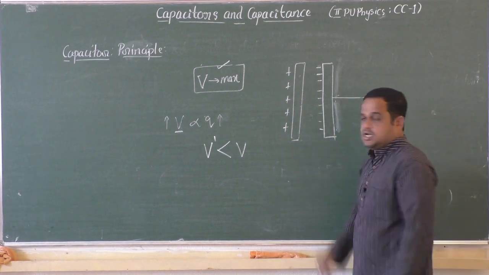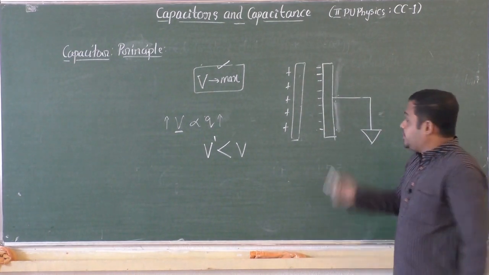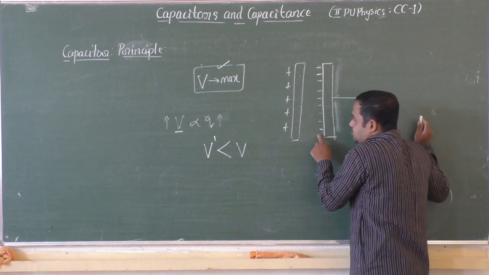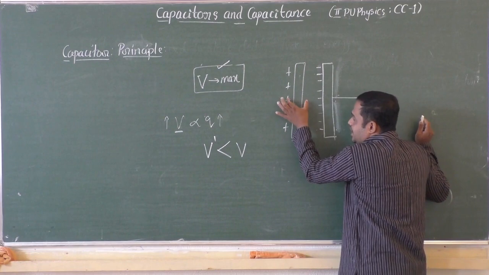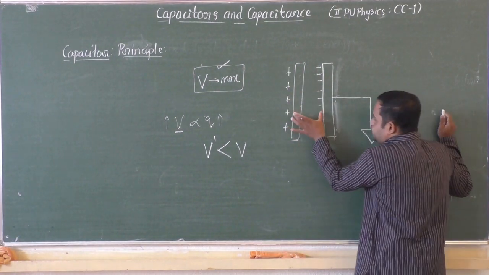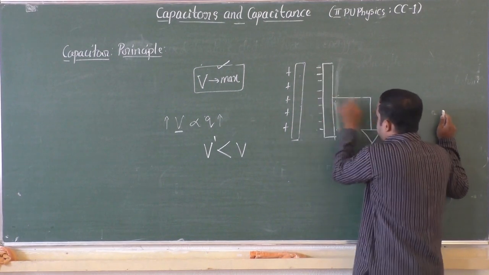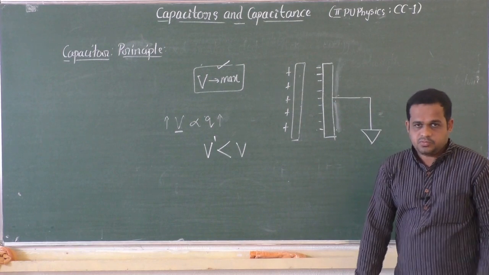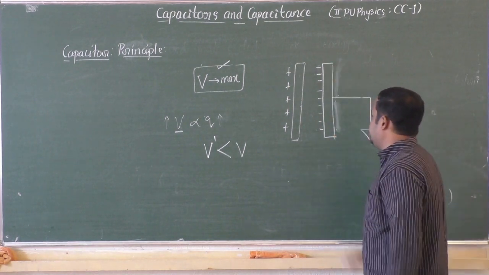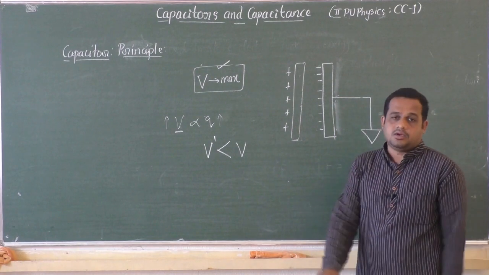What about negative charges? These negative charges will not flow to the earth because these are held here by the attractive force of these positive charges. So this attractive force between these two will not allow the negative charges to flow to ground. Okay, so negative charges will be there, positive charges will be reduced to 0 by connecting the second conductor to ground.